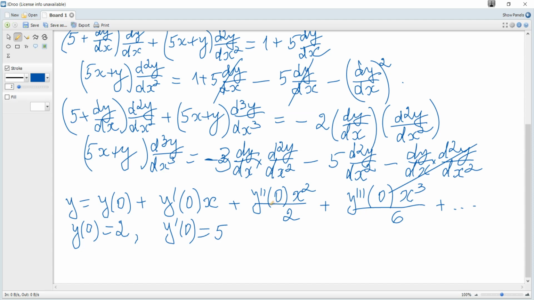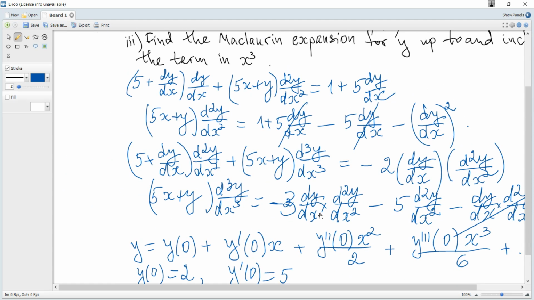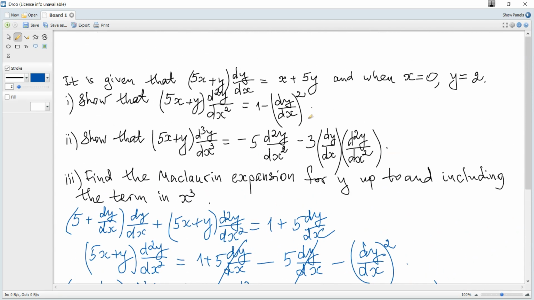And to find the second derivative, we consider the next expression where there is the second derivative, and again consider when x is 0.